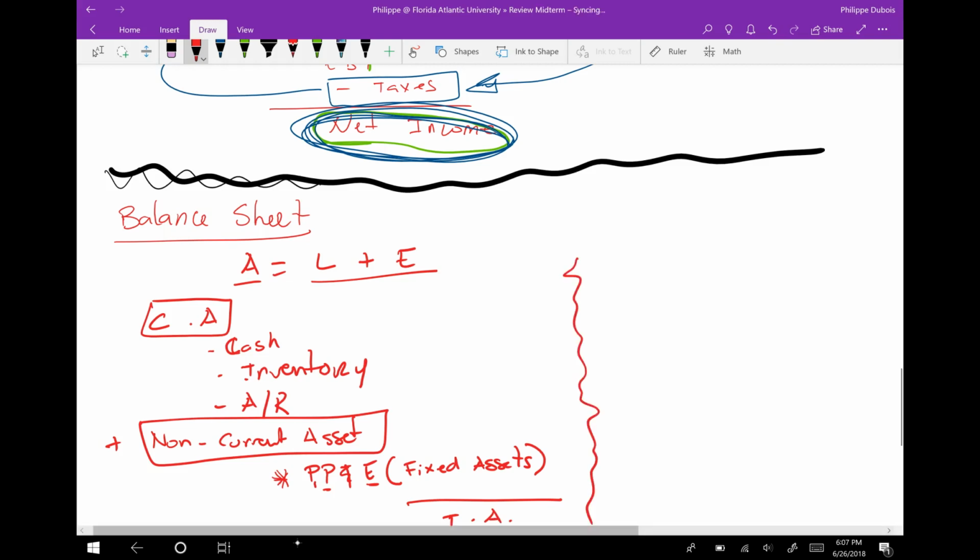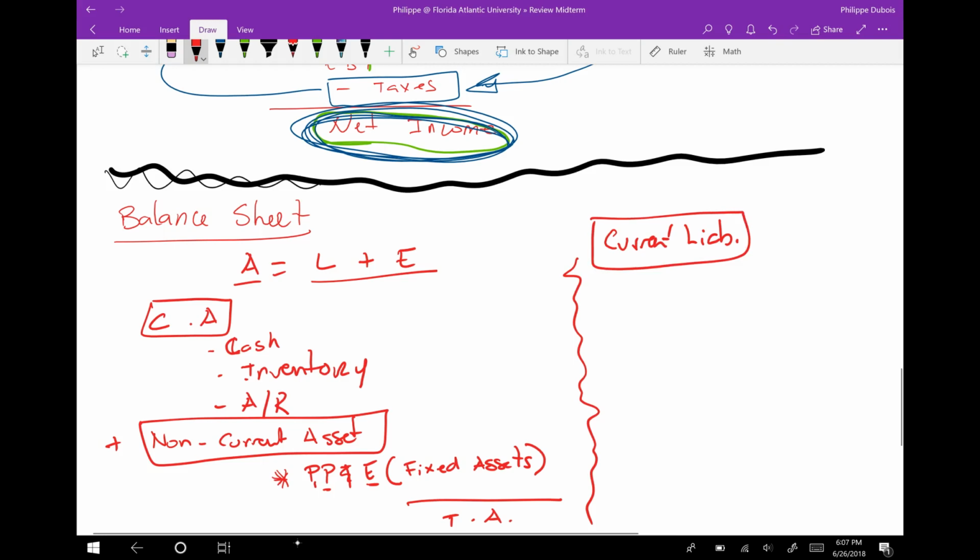Now the right side, you have your liabilities. You have your current liability. Your current liability will be your notes payable. Okay, it'll have your accounts payable, and it'll have your salaries, so forth and so on. And in your long-term or non-current liability, you'll have your long-term debt.